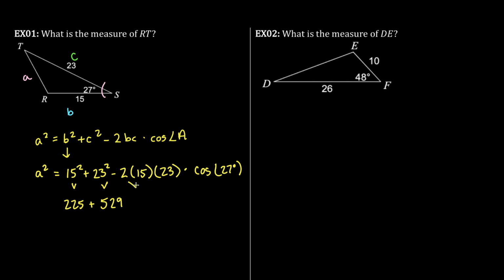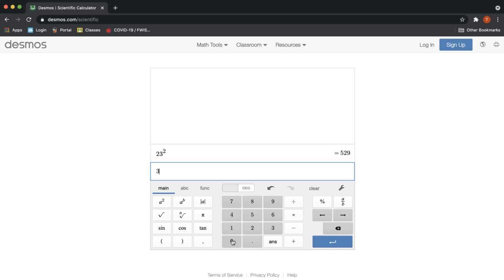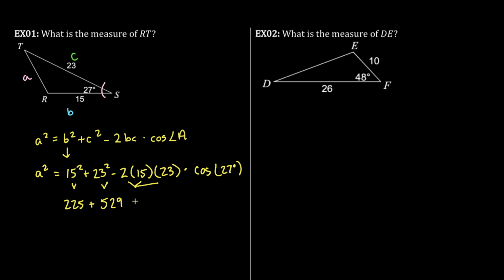Okay, let's do all this. So 30 times 23 is 690. So minus 690, because a negative times a positive is negative, times cosine of 27 degrees.